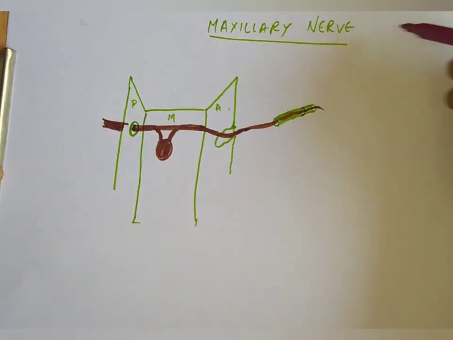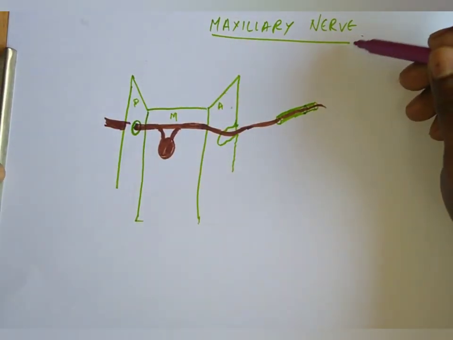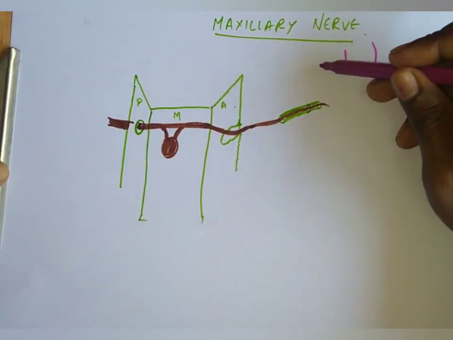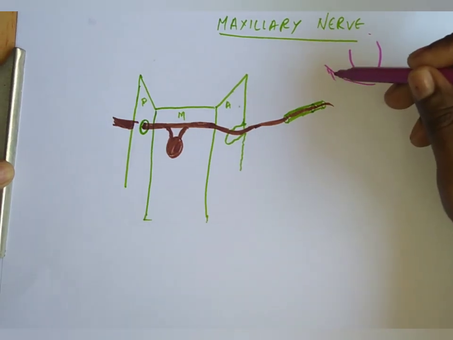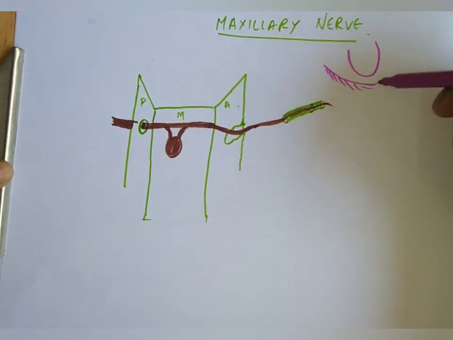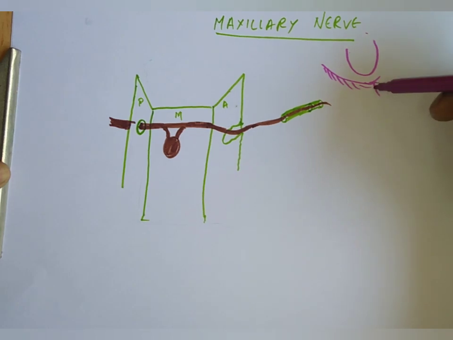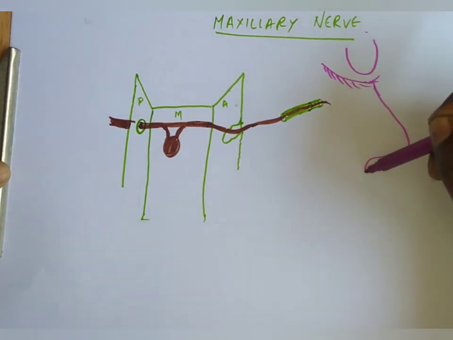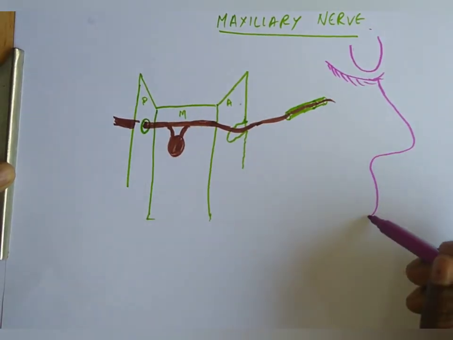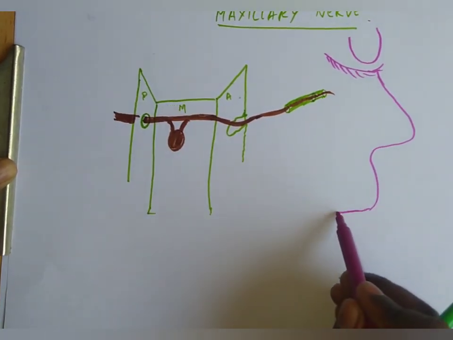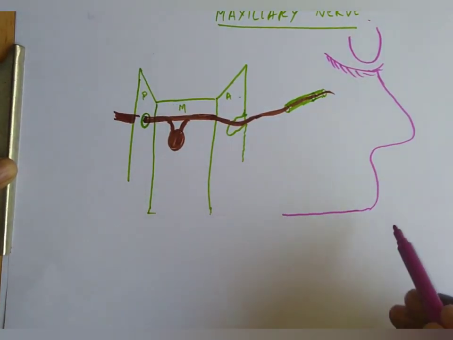Now here we will draw the relative position of the eye, the lower eyelid, nose, the mouth. This is the hard palate.